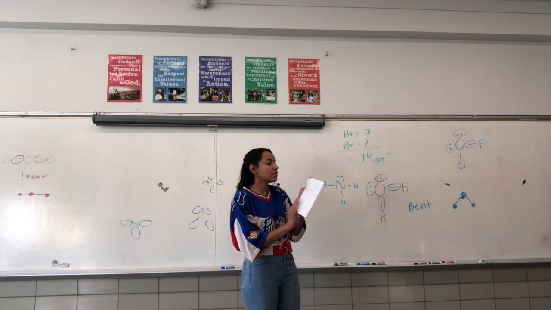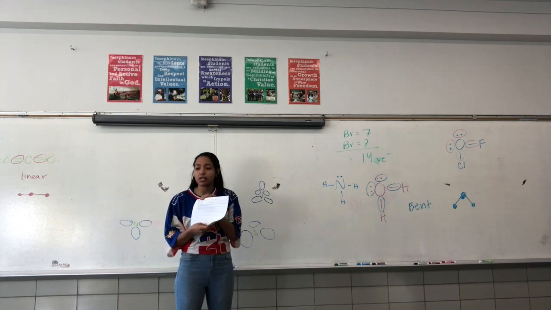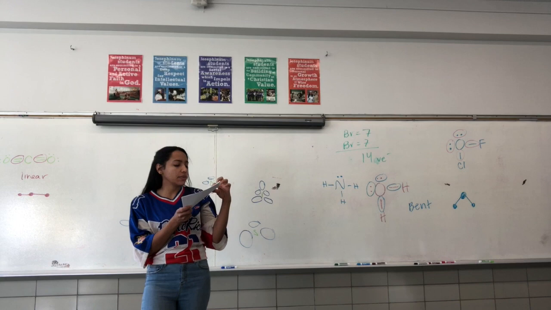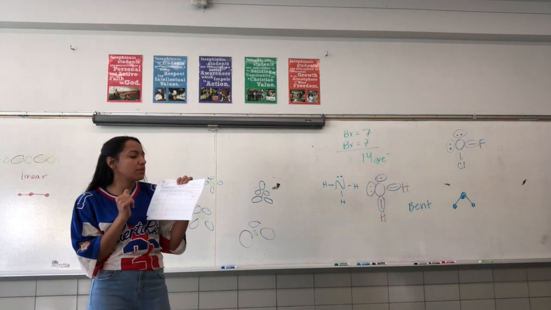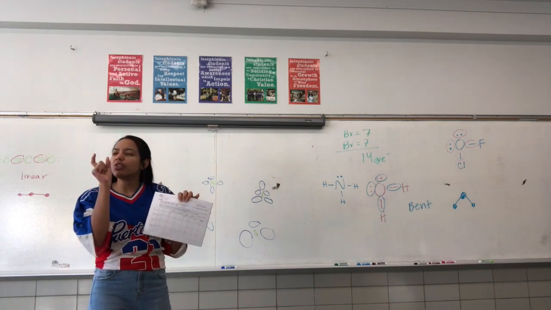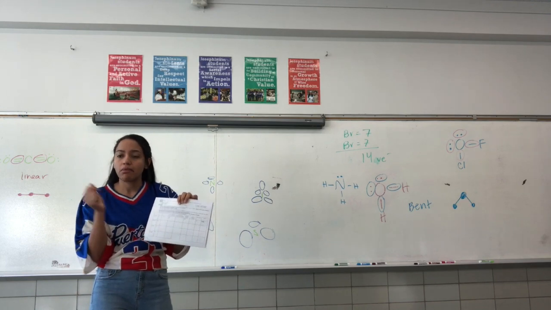Black is carbon, white is hydrogen, red is oxygen, blue nitrogen, green, orange, and purple. Any of those colors could be chlorine or fluorine.